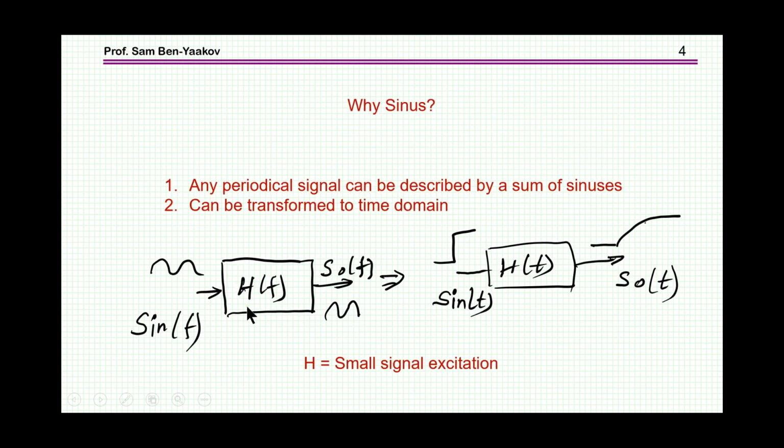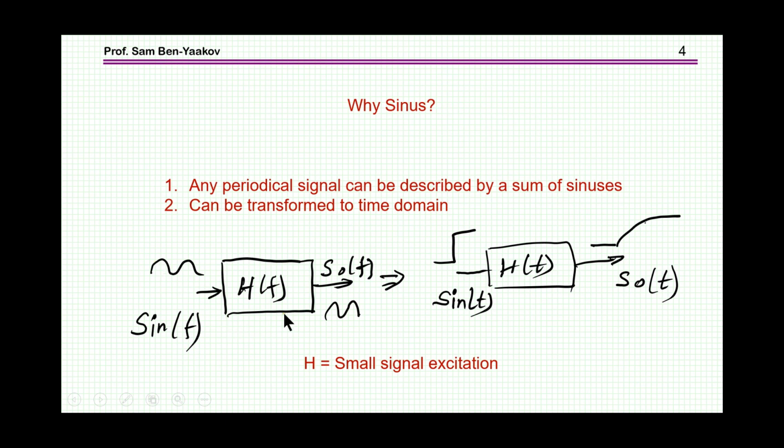The question is, why is it that we are exciting the system, either experimentally or analytically, with a sinusoidal wave? The reason is, of course, that by a Fourier transform, any periodical signal can be described by a sum of sinusoids. So this is a universal sort of test signal, which I can apply to a periodic square wave or to a triangular or any other periodical signal.